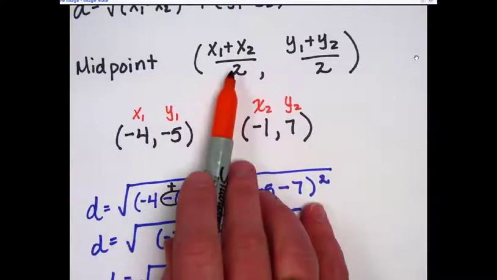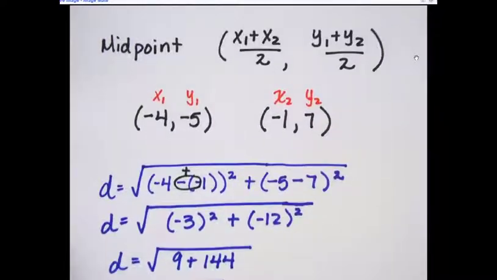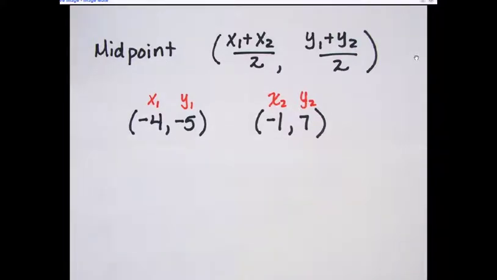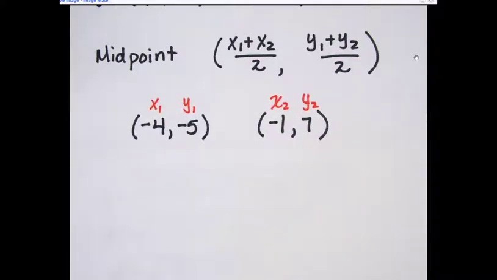So let's look at our second example here, the midpoint, or our second formula. Again, we're just going to use that formula to find the midpoint of the line segment that connects these two points.